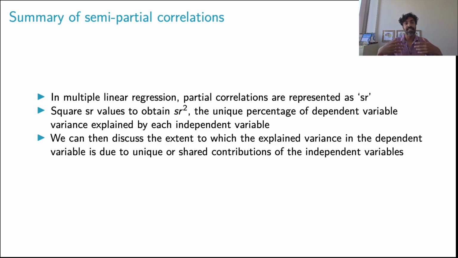We can then discuss the extent to which the explained variance in the dependent variable is due to unique or shared contributions of the independent variables. So it's all about variance, right? We're interested in how much of it is shared, how much of it is unique, and you get a sense of the contribution of individual variables to the overall dependent variable.